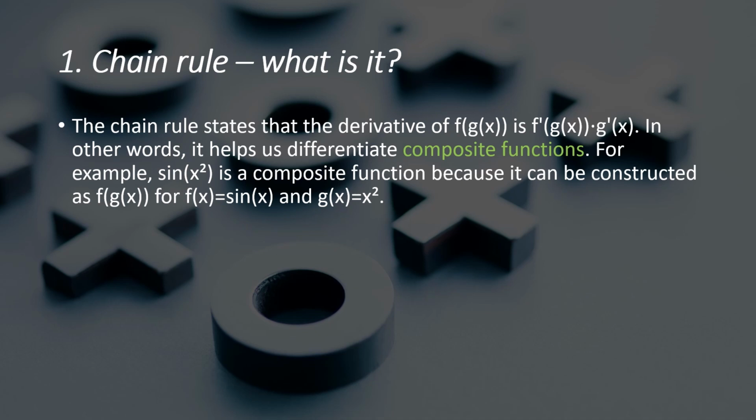It might sound confusing, but in other words, the chain rule helps us differentiate composite functions. For example, sine of x squared is a composite function because it can be constructed as f of g of x for f of x equals sine x and g of x equals x squared.